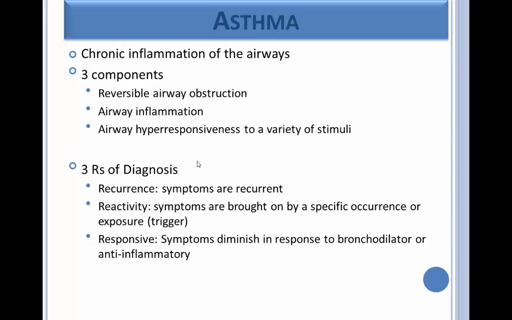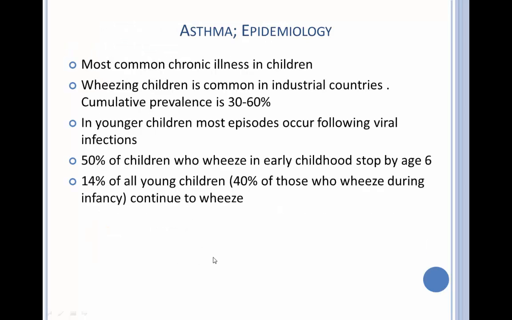It produces bronchoconstriction as well. The diagnosis is basically, because it's a recurring condition, you have the history of being exposed to an allergen or an infectious disease, most likely viral, and they respond to bronchodilator therapy or any other anti-inflammatory.